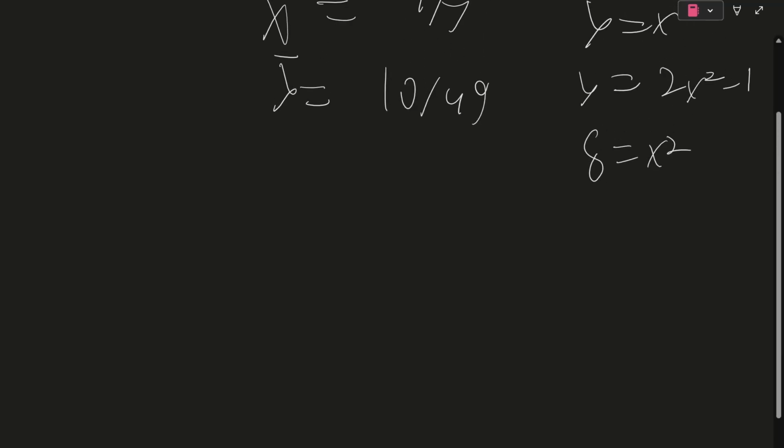And so we want to find the moment of inertia about our center of mass. We can do this by adding our moment of inertia about our x bar value plus our moment of inertia about our y bar value.